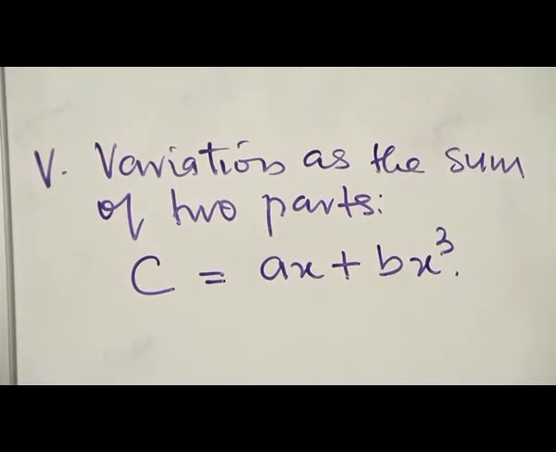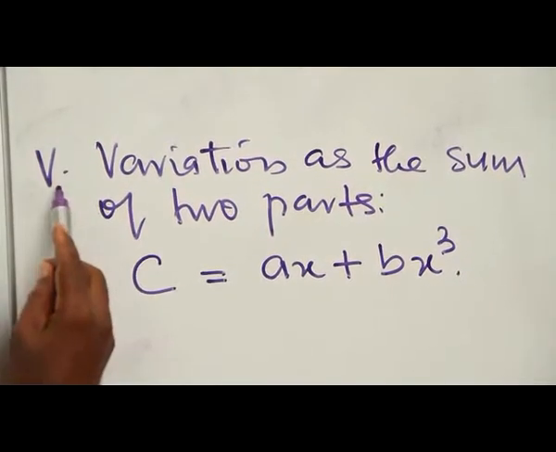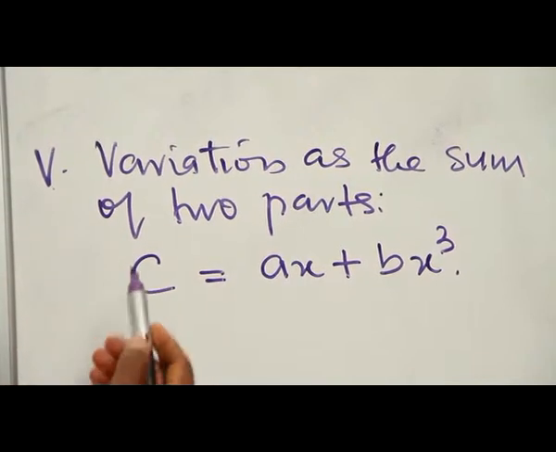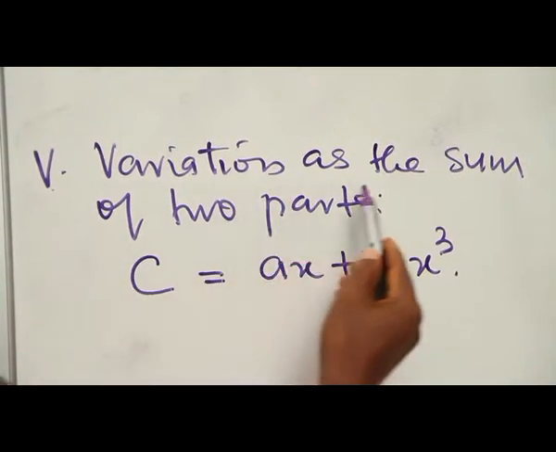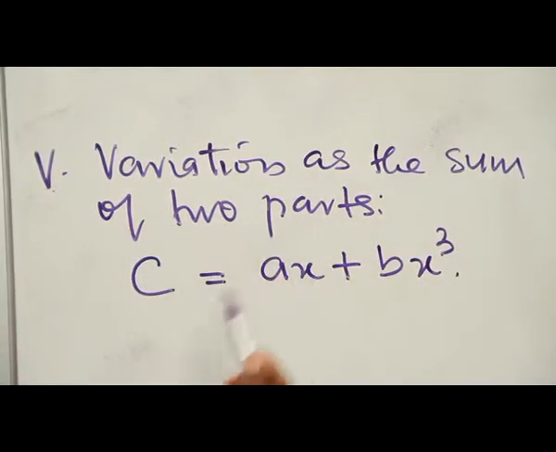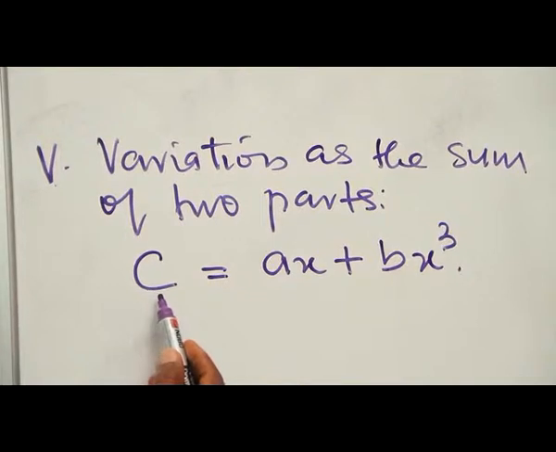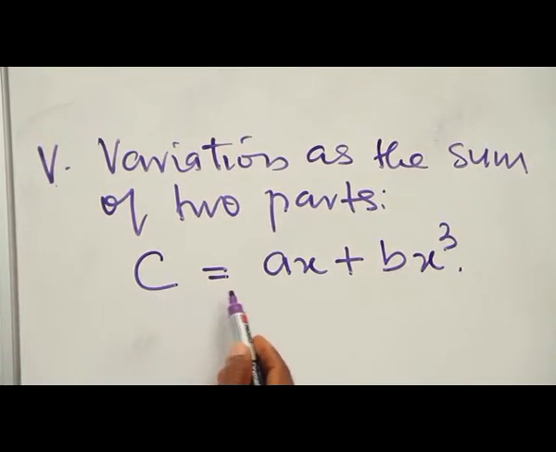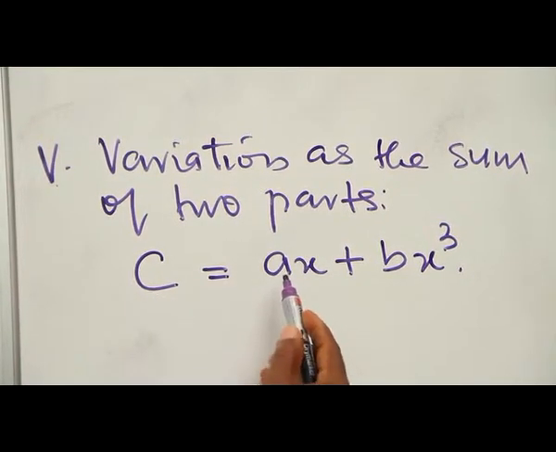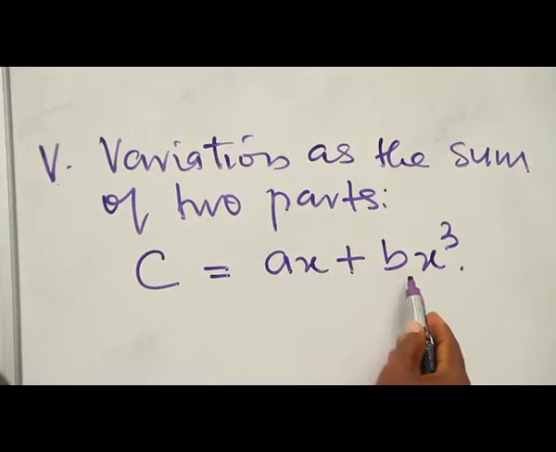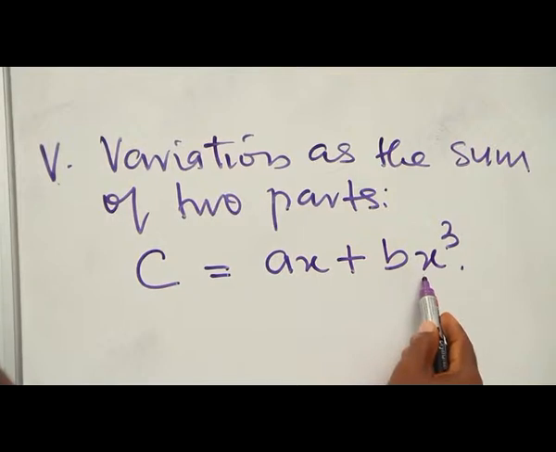But there is an inclusion of the fifth one, which is like the fourth one, but this time around it is variation as the sum of two parts. In other words, C varies directly with S and varies directly with S cubed.